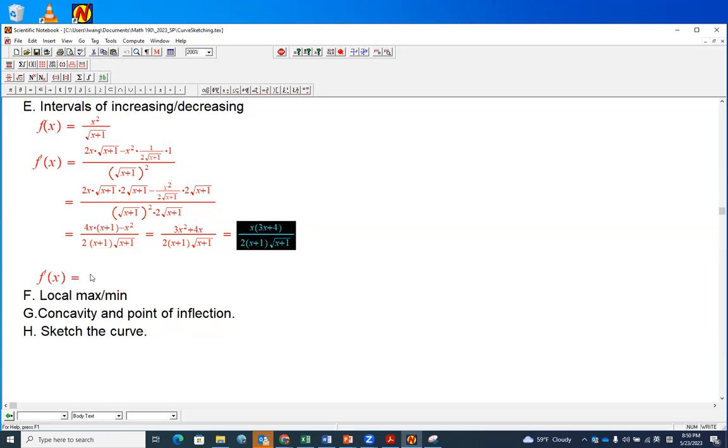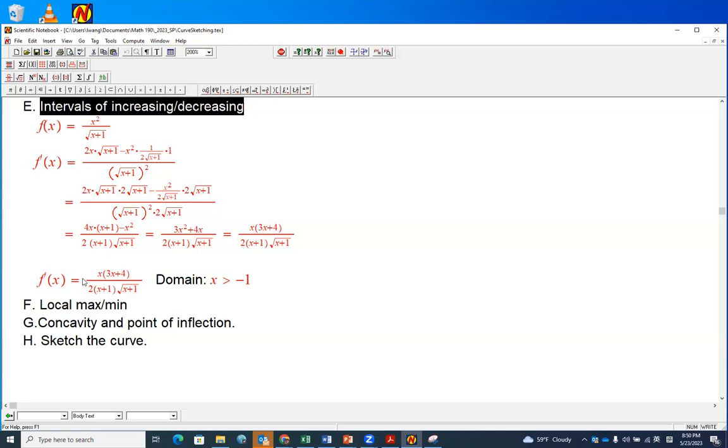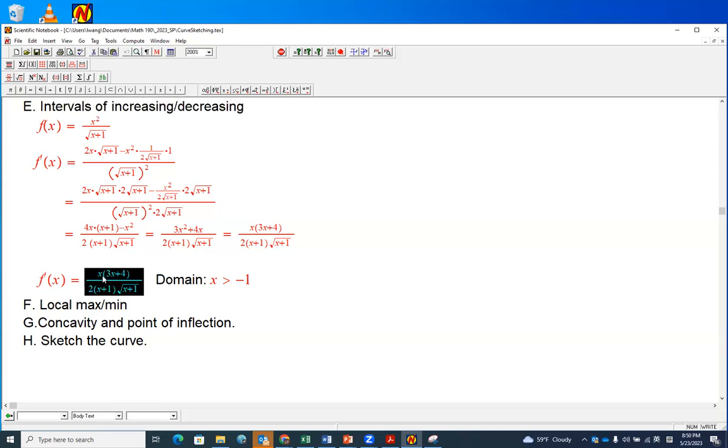Once we have this factored form, be aware that the domain is still going to be x larger than -1, right? That's the domain. We're trying to figure out the intervals of increasing, decreasing, so we'd like to know the sign of the first order derivative.